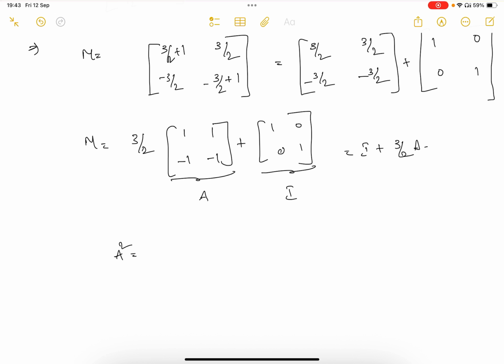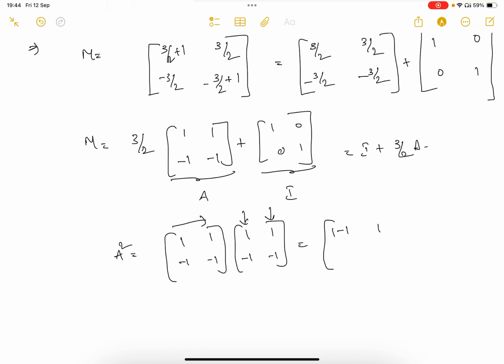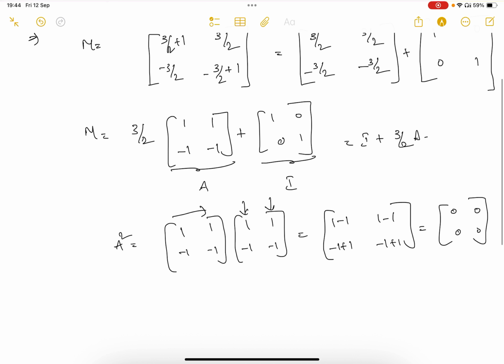So A square is 1, 1, minus 1, minus 1, times 1, 1, minus 1, minus 1. This will be the matrix multiplication: 1 plus 1, minus 1 minus 1, and so on, minus 1 plus 1, minus 1 plus 1. So this becomes 0, 0, 0, and 0, right?